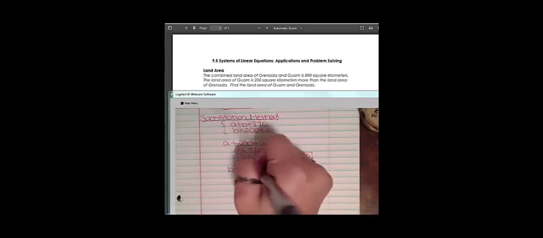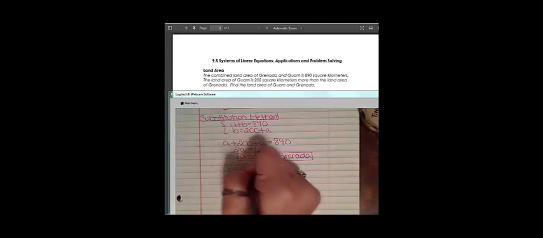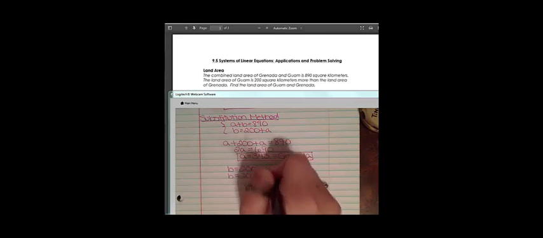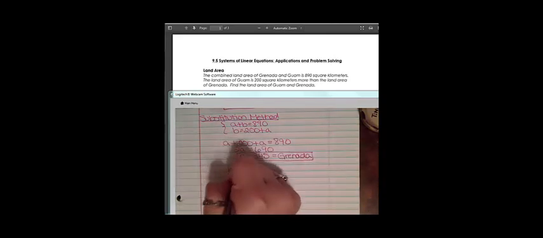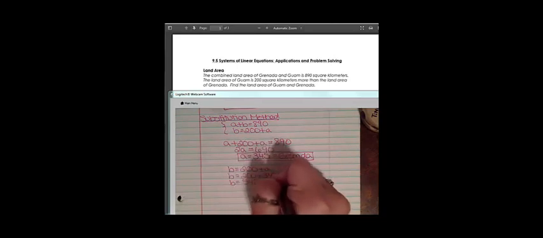Guam is 200 more than Granada, so that'll be 200 plus the 345 that we just found. So that means b is 545, and that is Guam. And that's exactly what we found on the first one.